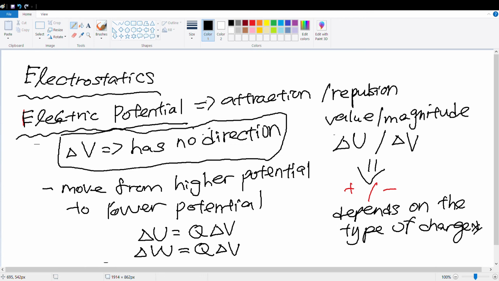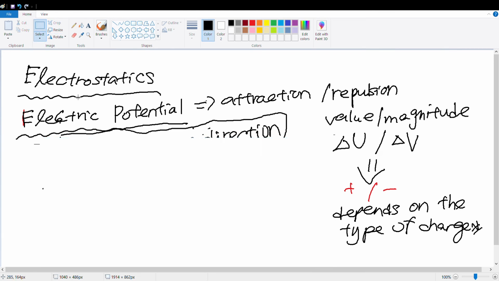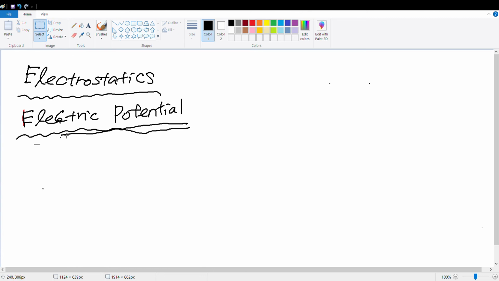So as I said, both electric potential energy and electric potential can be attractive or repulsive due to the electrostatic force. So let's check out the formula.